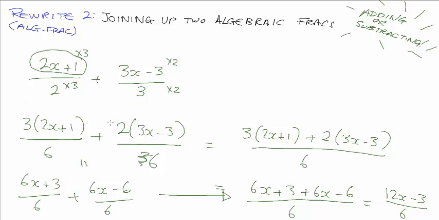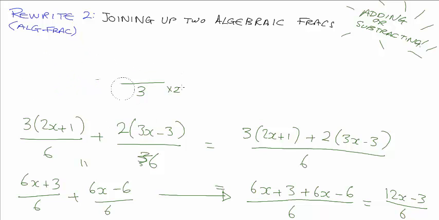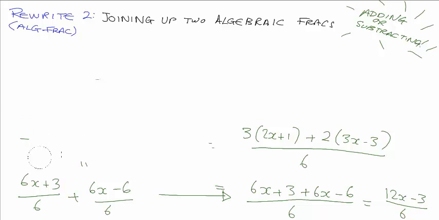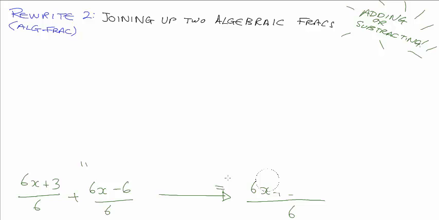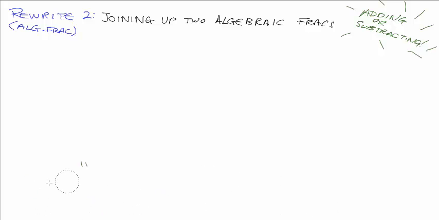Another example. Sometimes they might actually give you brackets on top already. Again, it shouldn't be much more difficult. It should be reasonably straightforward. So sometimes I might give this.